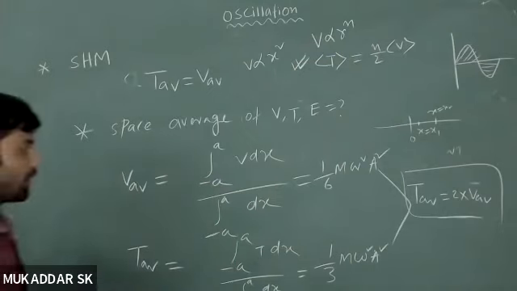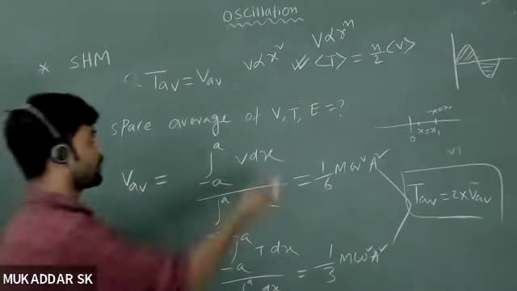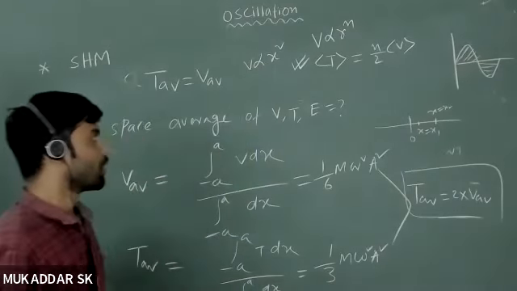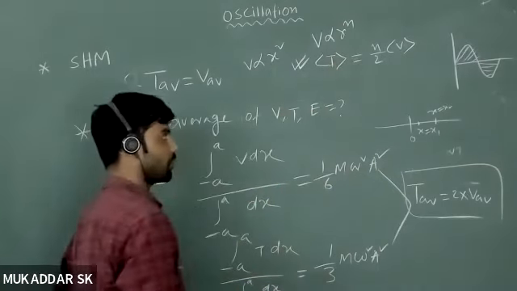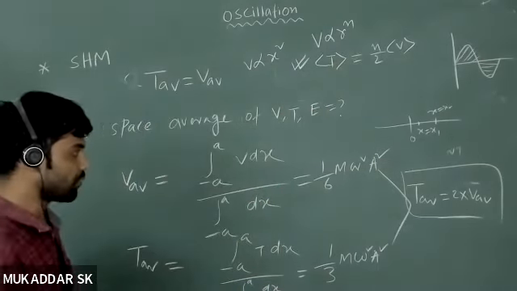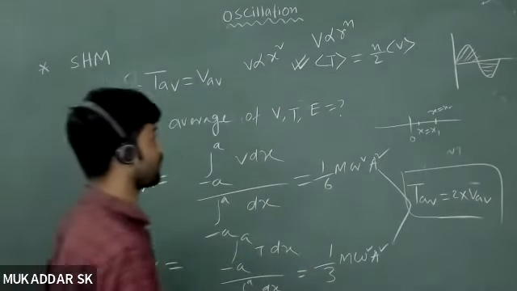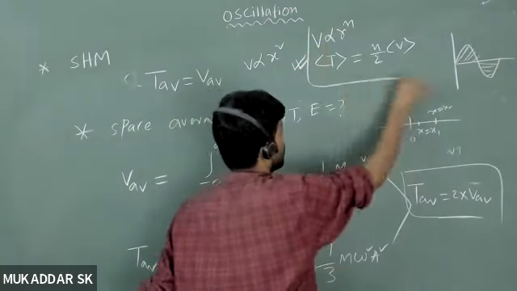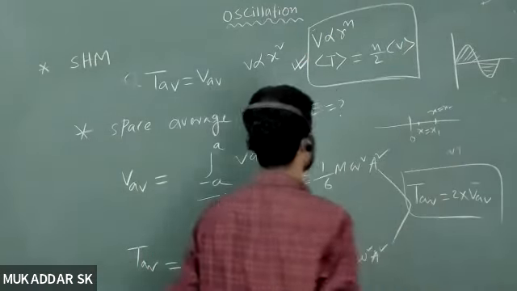But when you are doing space average, it will not satisfy the Virial theorem. Why? Because the Virial theorem is all about the time average of kinetic energy and potential energy, so it does not deal with the space average. Is that clear? You have to remember this Virial theorem. This is really important for your competitive exam.